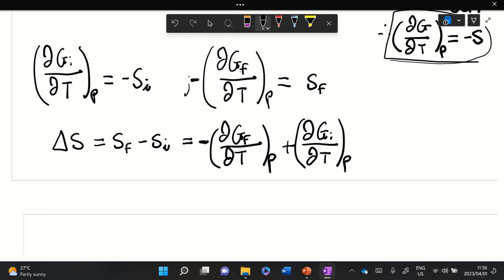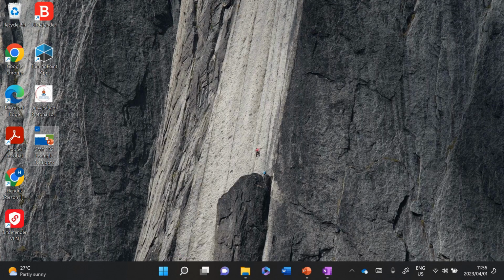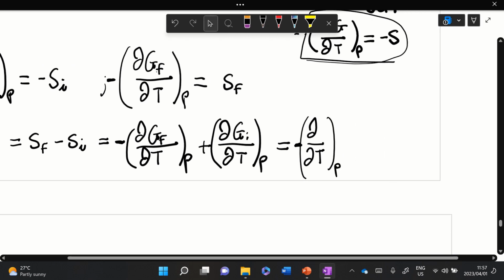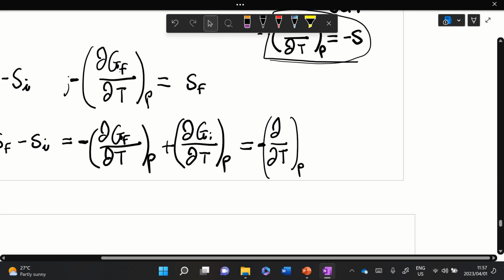So we'd have here equals minus d dt. I'm just writing it slightly differently to how it's done in the notes, because I know this is how you see it a bit clearer.